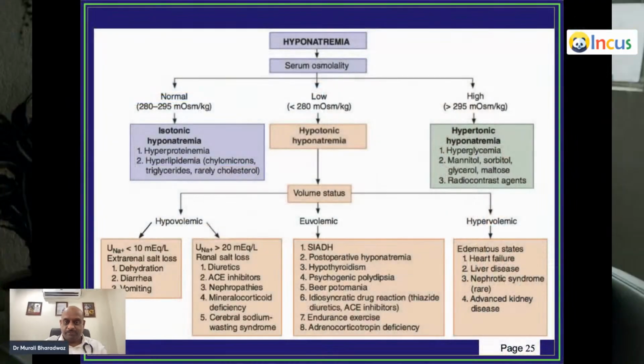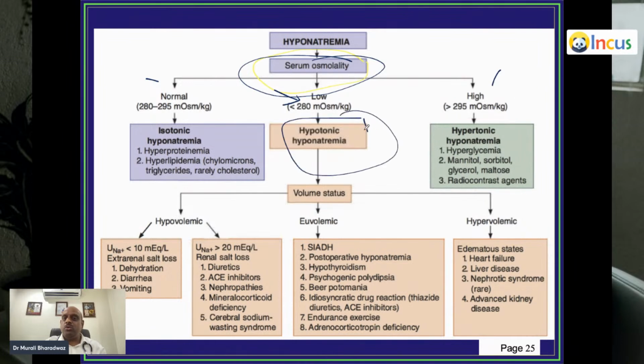Let's see how we approach hyponatremia. Whenever hyponatremia is there, look at the serum osmolarity. It can be high, normal, or low. Whenever it is low, this is called true hyponatremia, a hypotonic hyponatremia. Whenever sodium is low, obviously osmolarity should also become low. The other one is normal osmolarity but still hyponatremia.